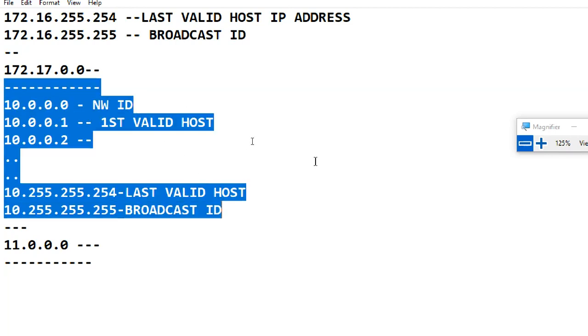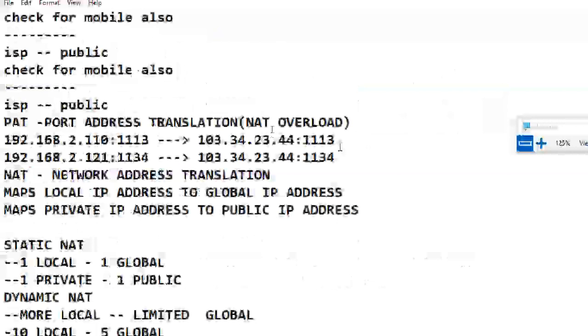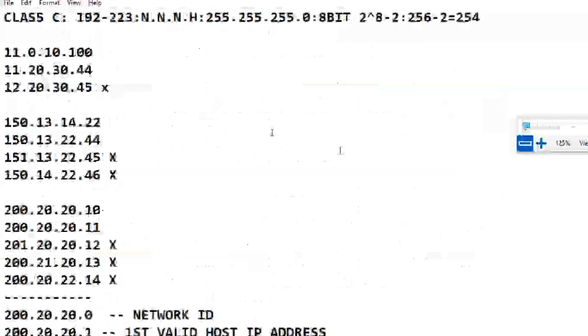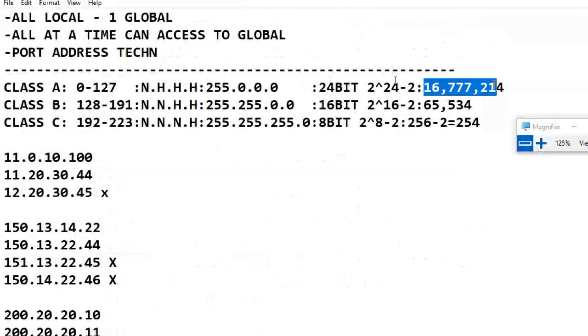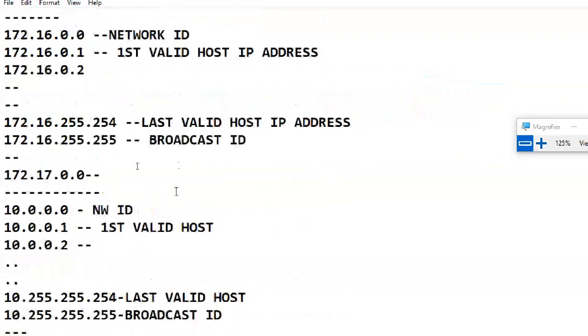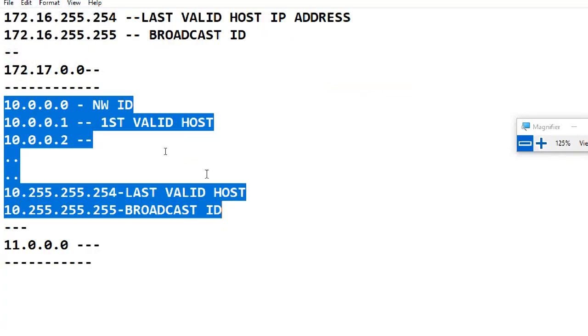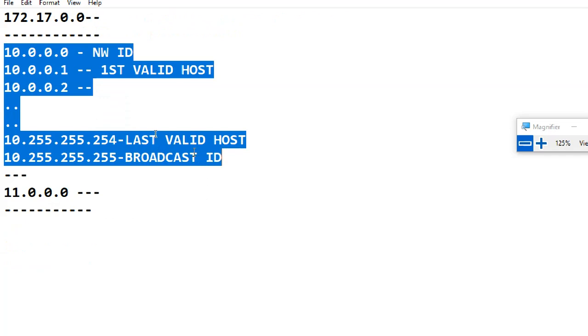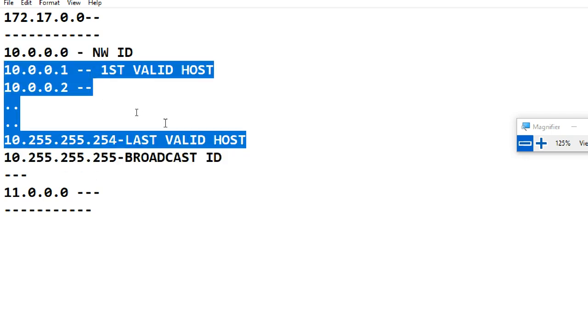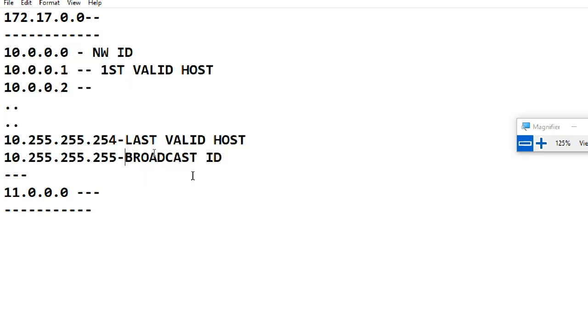In class A, that is more than 16 million IP addresses, 16,777,216 IP addresses, minus 2 gives 214.